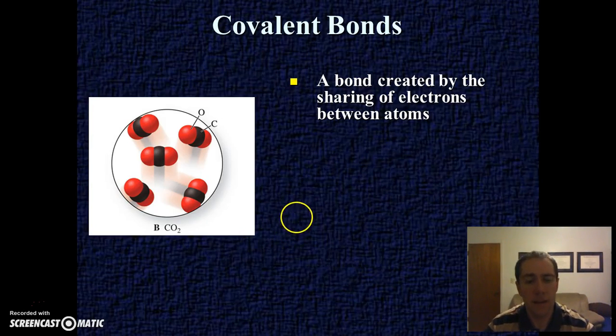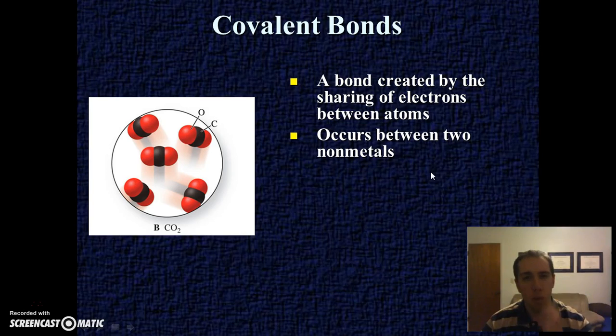A covalent bond is a sharing of electrons. It's not a matter of the cation saying, I don't want the electron, you take it. Instead, it's a matter of the one atom realizing that we can both be happier if we both share this electron that I have. So covalent bonds are always between nonmetals. Like I said, look for a metal.